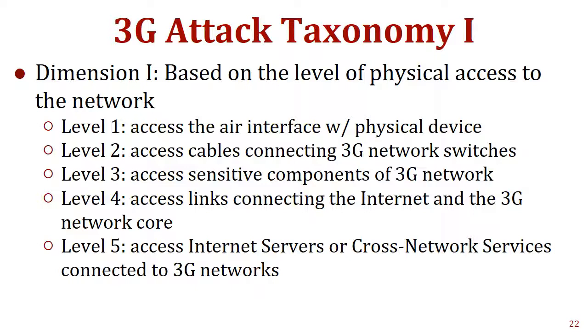And they also consider accessing sensitive components of 3G networks. And the fourth level is accessing links connecting the internet and the 3G network core. The fifth level is to access internet servers or cross-network services connected to 3G networks. So we can see that there are many different levels.